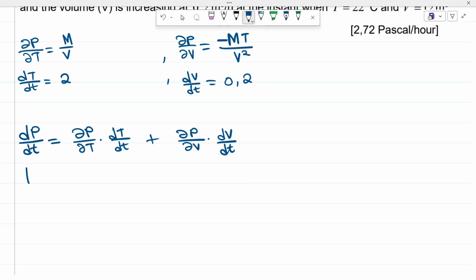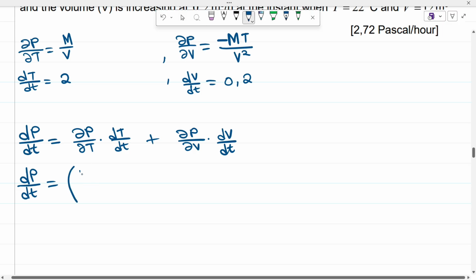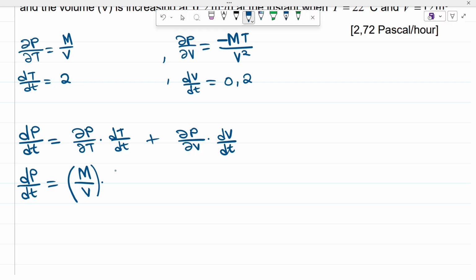So when we plug in, this is how it's going to look. The partial derivative of P with respect to T is m over V, multiplied by dT/dt. We'll substitute this rate later when we substitute all the values, to make it look nice.